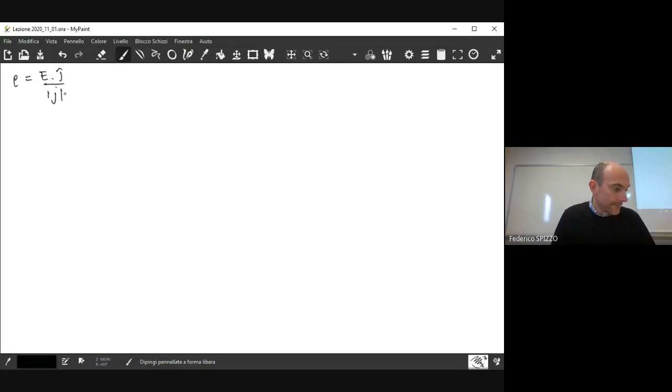In this case, the scalar product between E and the versor of J leaves us just with E0 n prime divided by J modulus. So the point is to evaluate this term here now.